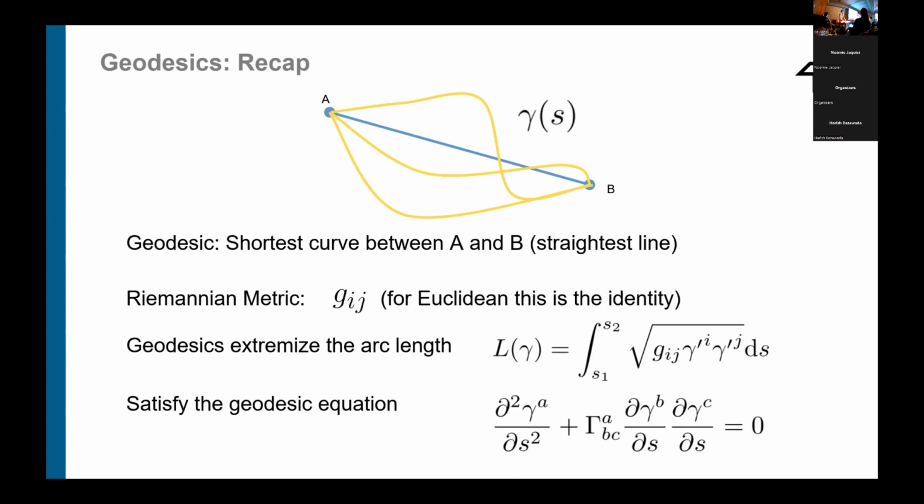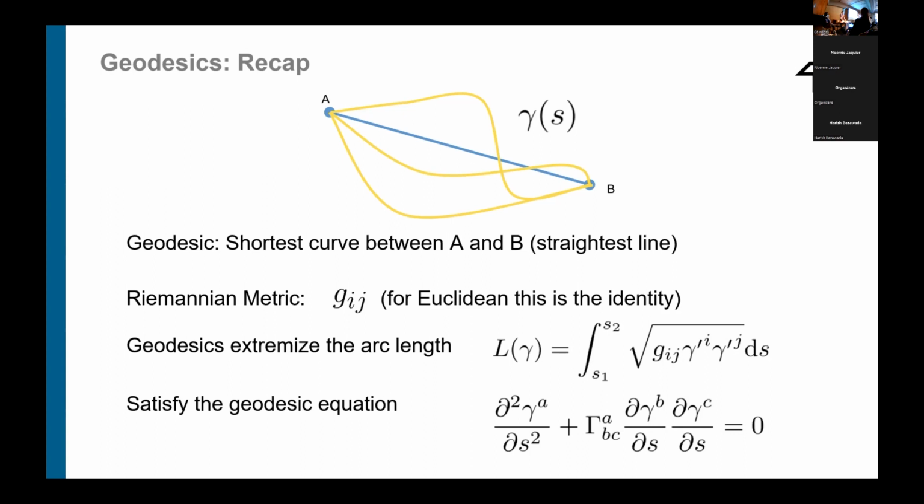This is a scalar quantity in the square root. This integral integrates over the whole path, where s is the parameter, as we've seen before. When you try this length integral for every possible path between A and B, the one that minimizes L is the geodesic.